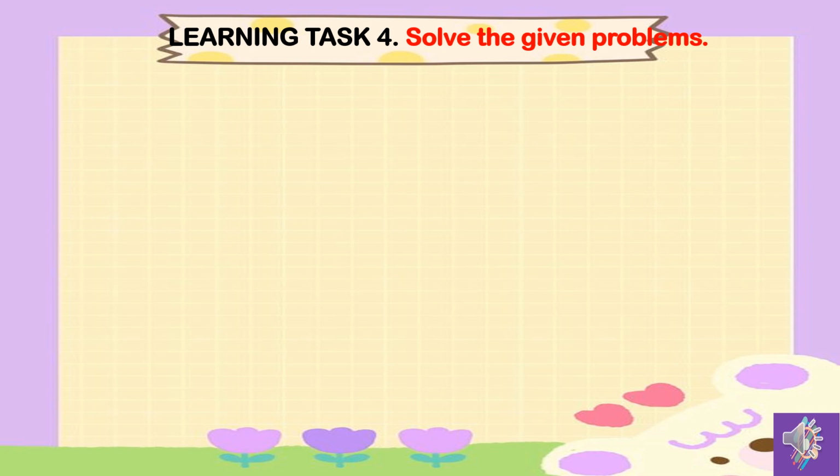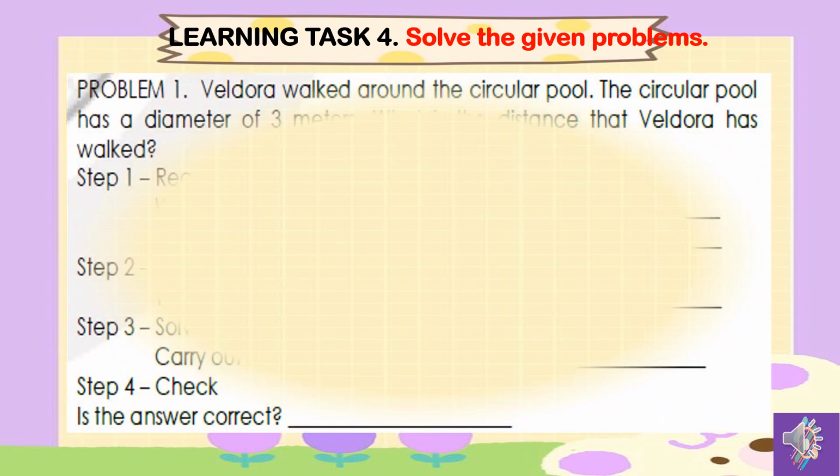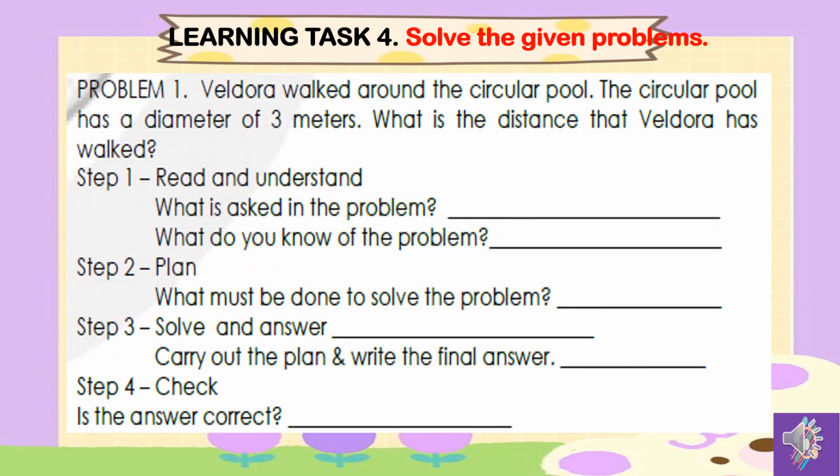So for learning task 4, solve the given problems. So for number 1 problem, Veldora walked around the circular pool, and the circular pool has a diameter of 3 meters. So what is the distance that Veldora has walked? So we have step 1, read and understand. Under that, what is asked in the problem and what do you know of the problem?